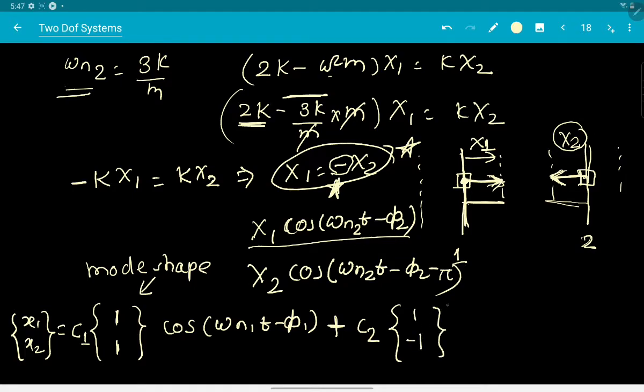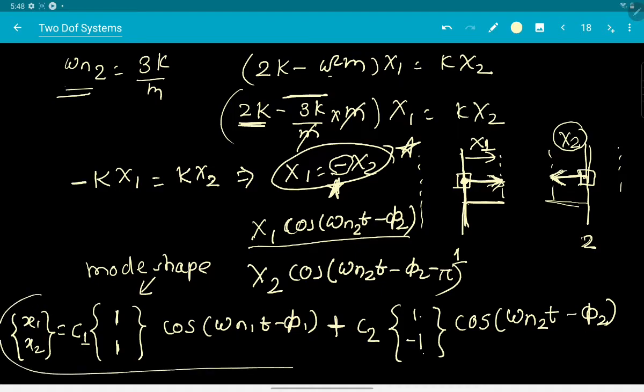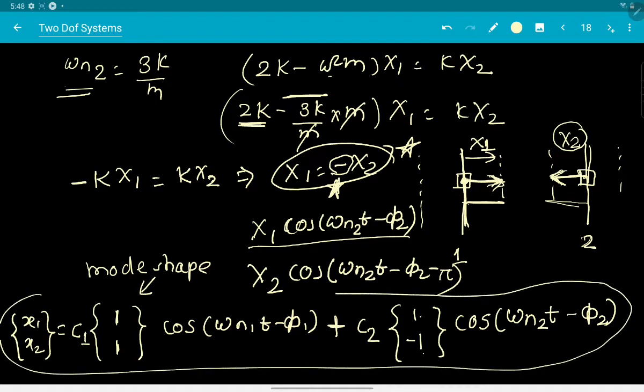This is the other mode shape, telling me that whatever is the amplitude of mass number 1, you are going to get the same amplitude for mass 2, but the motion will be in the reverse direction. That's why we have the minus sign sitting over here, multiplied by cosine of omega n2 t minus phi 2. So this is the total final solution that you have obtained.